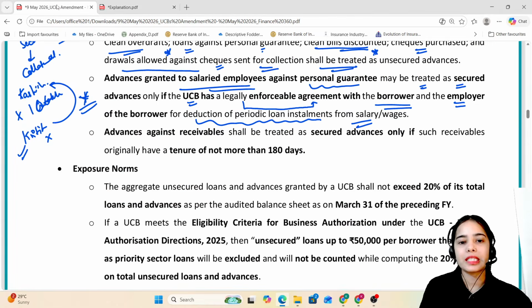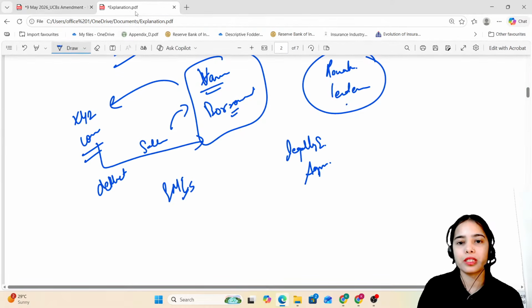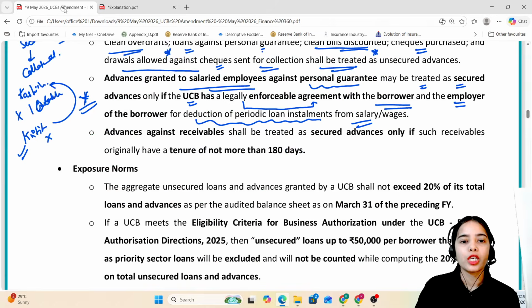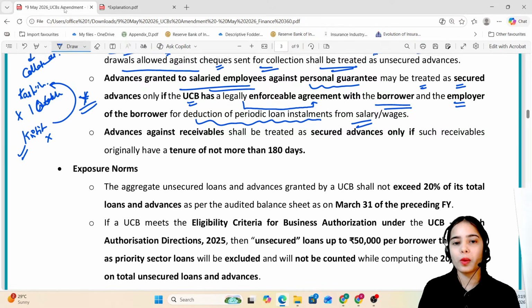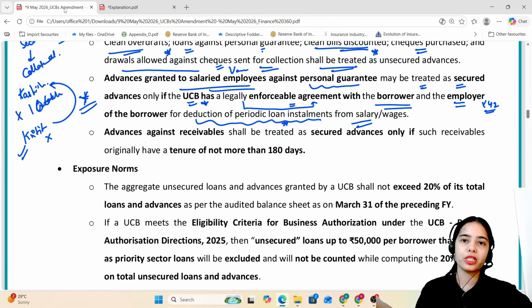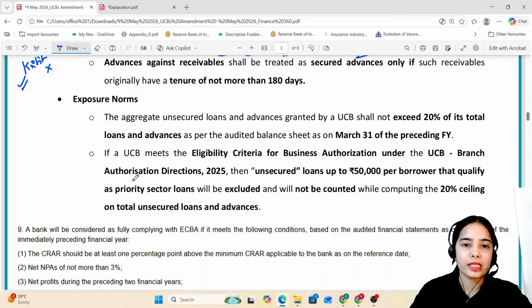So this is the basic idea, that let's say Varun has a personal guarantee, he doesn't have any collateral to provide to take the loan. So the advances are given to Varun, a salaried employee, against personal guarantee. This may be treated as secured advances if the urban cooperative bank has a legally enforceable agreement with the borrower and the employer, that is the XYZ company, for the deduction of periodic loan installments directly from the salary from the employer side. Okay, so this is the idea.